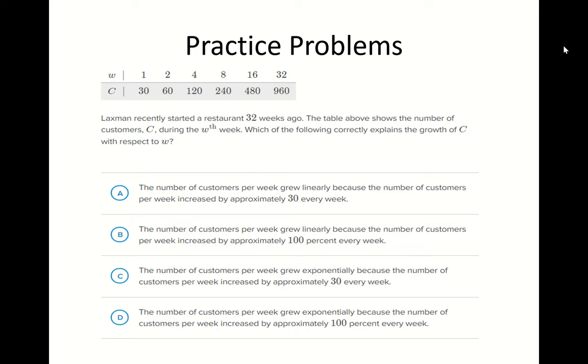It's increasing by 120 over 4 weeks. So 120 customers over 4 weeks. That's going to be 30 yet again.